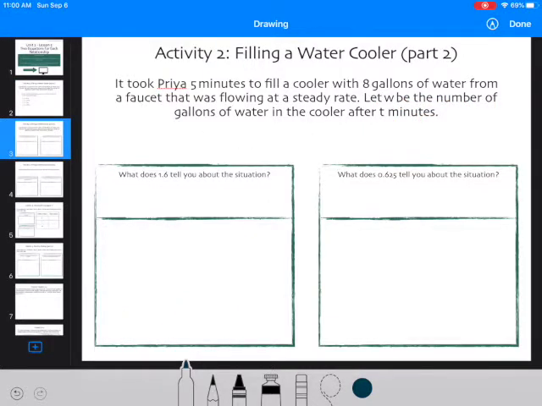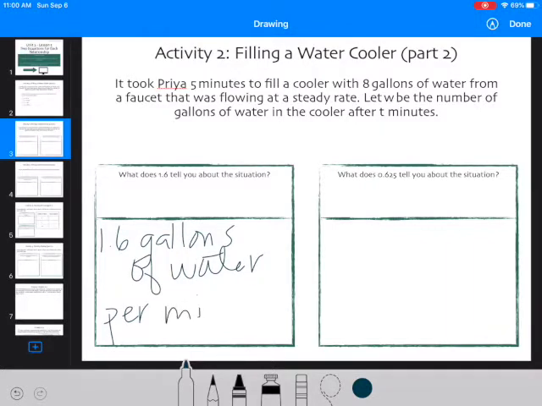So Priya took 5 minutes to fill a cooler with 8 gallons of water, flowing at a steady rate. Let W be the number of gallons of water in the cooler after T minutes. What does 1.6 tell you in this situation? That it's 1.6 gallons of water per minute. And what does 0.625 tell you about the situation?